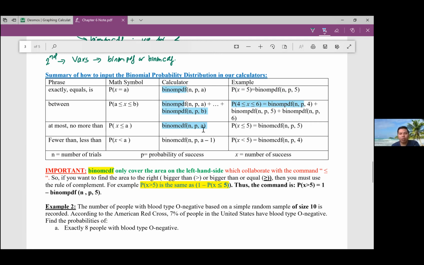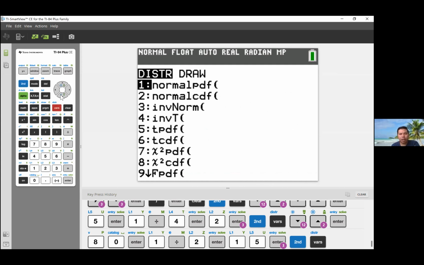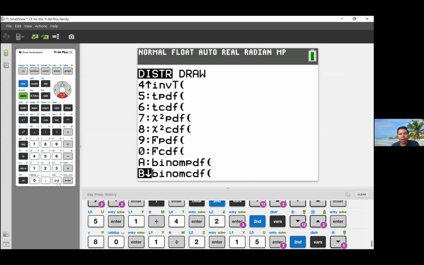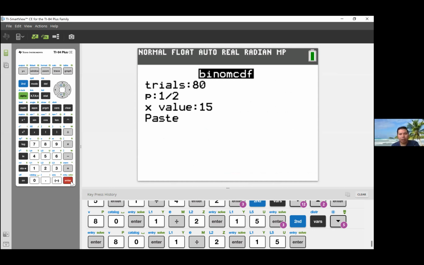So in that example, suppose I do the same subjects, but I select CDF. I still want 80, and 1/2 for flipping a coin, and I want 15. So I will calculate it.